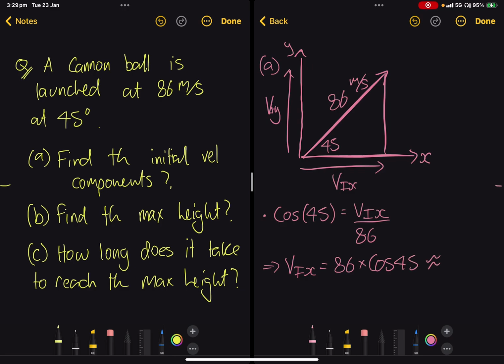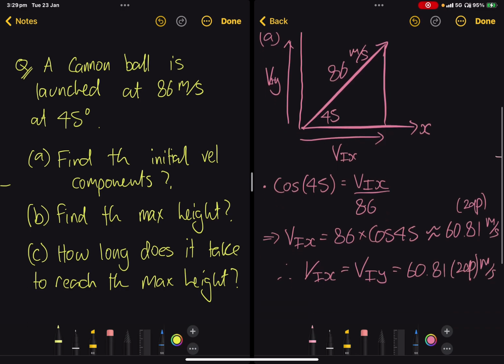We can put this in our calculator. 86 times cosine of 45 gives me 60.81, this is 2 decimal places, and this is in meters per second. So therefore, the initial velocity in x is equal to the initial velocity in y, which is 60.81 to 2 decimal places, meters per second.